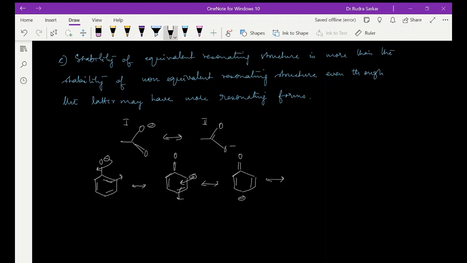So as we can see, even though phenoxide ion may be having more resonating structures in comparison to the acetate ion, but in reality, the both acetate structures that you see are more stable and will be making more contribution towards the eventual hybrid, which is obviously the one shown over here.